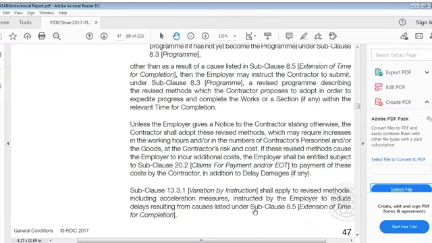Something can be suspended or something cannot be suspended. Something can be terminated, something cannot be terminated.